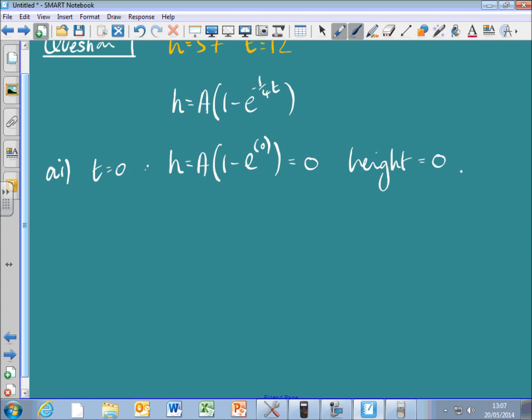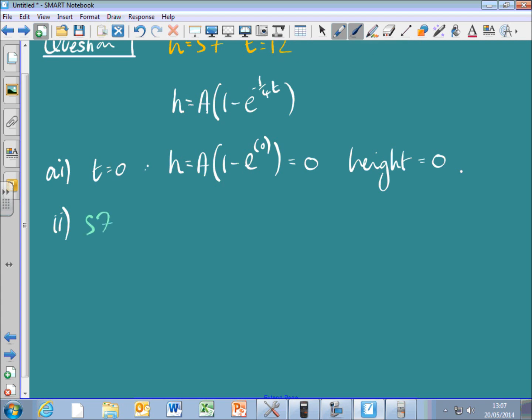Okay, and then in part 2, it asks us to find out what a is. Well, we can do this because it's told us in the question some information. It's told us that it has a height of 57.